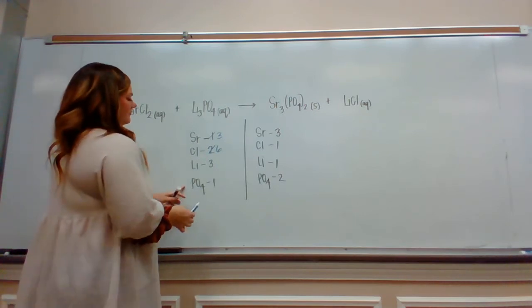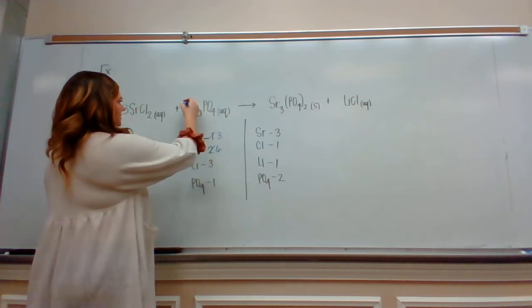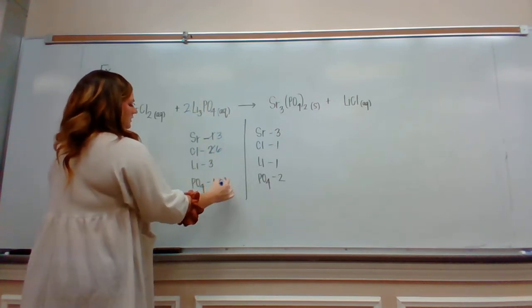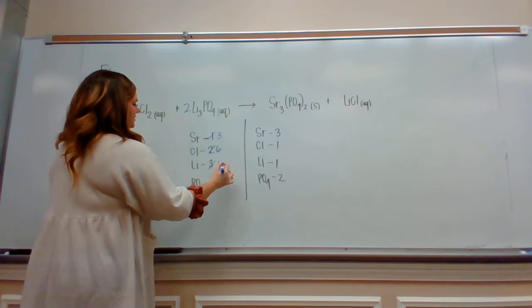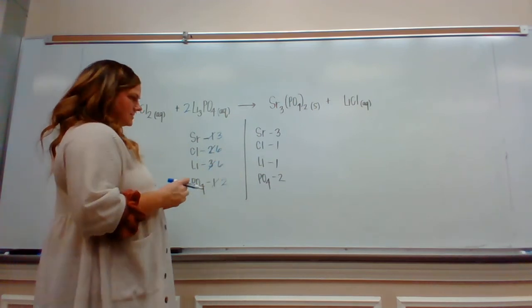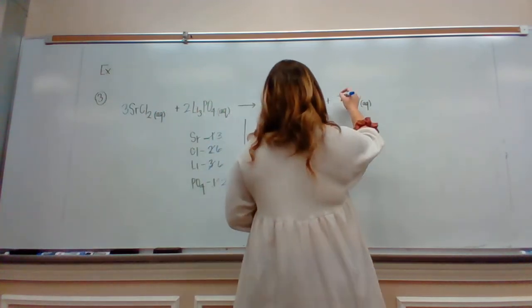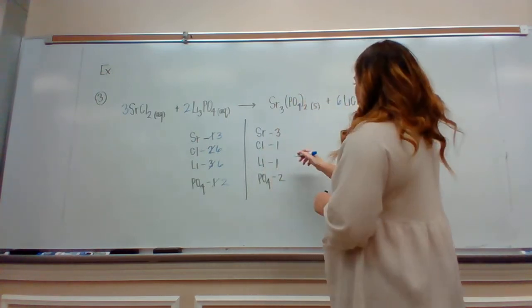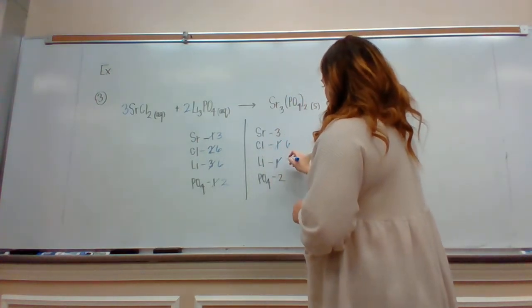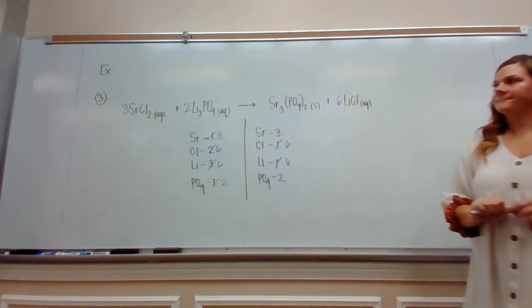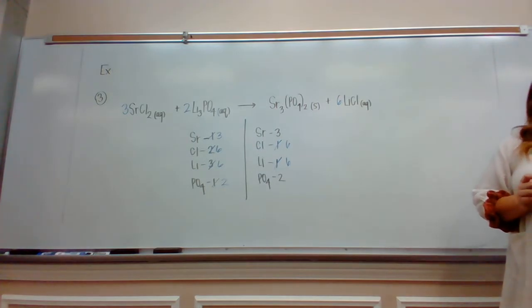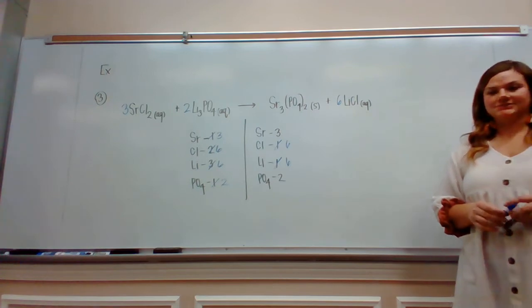I have 1 phosphate, I have 2 over here, so I need a 2 right here. That's going to make 6. So then I just go add the 6 over here. That one wasn't too bad.